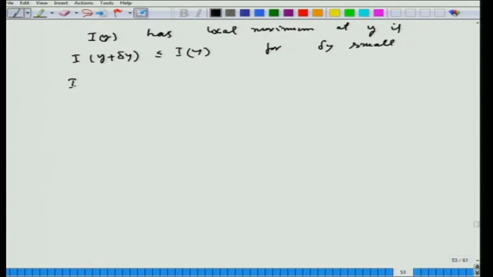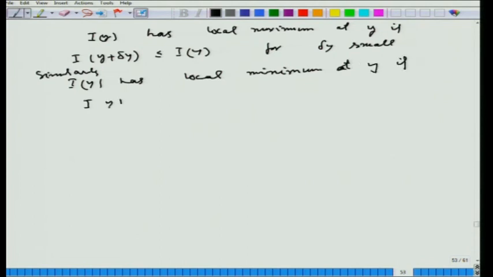Similarly, I y has a local minimum at y if I y plus delta y is greater than or equal to I y for delta y small.